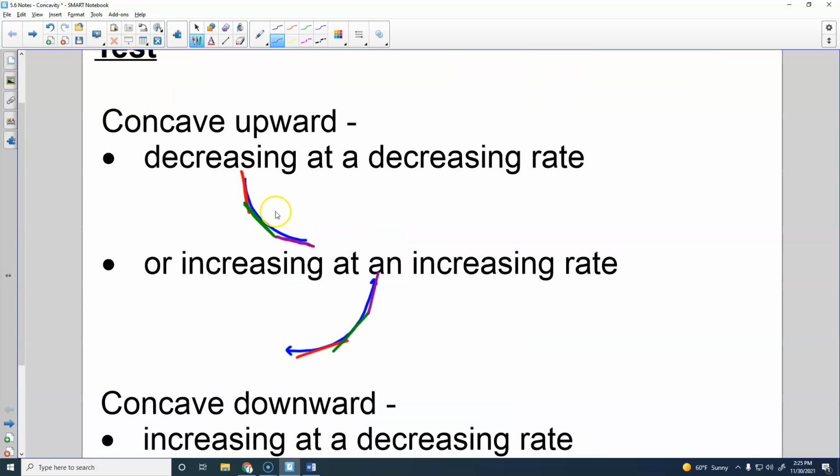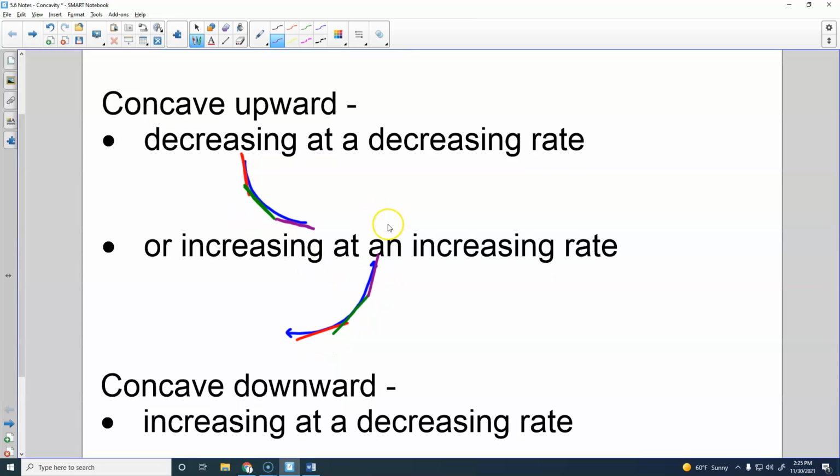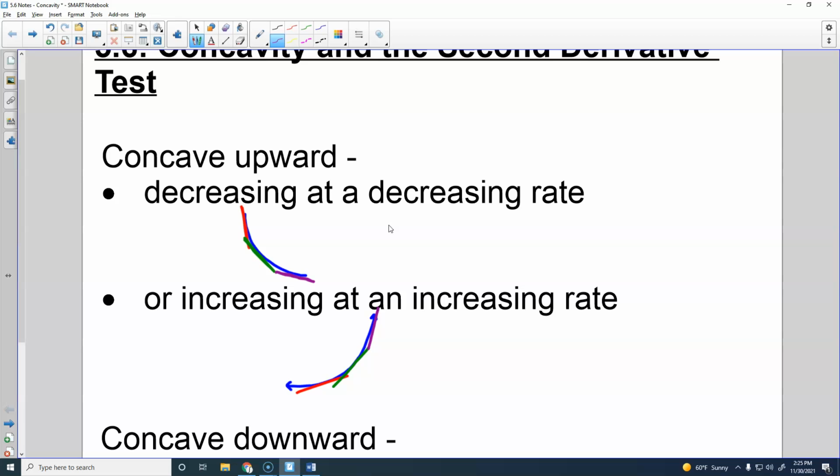All right, so in both of these cases, our derivative, our slope of our tangent line, what is happening to the value of our slope of our tangent line? For this one, okay, what would we say it is here?